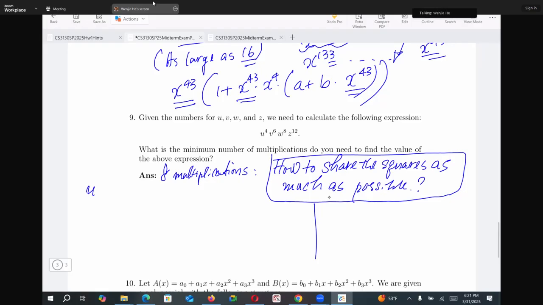They didn't look at the whole thing. They separate. They represent u to the 4th. How many multiplications? Then v to the 6th. How many multiplications? So they did it separately.